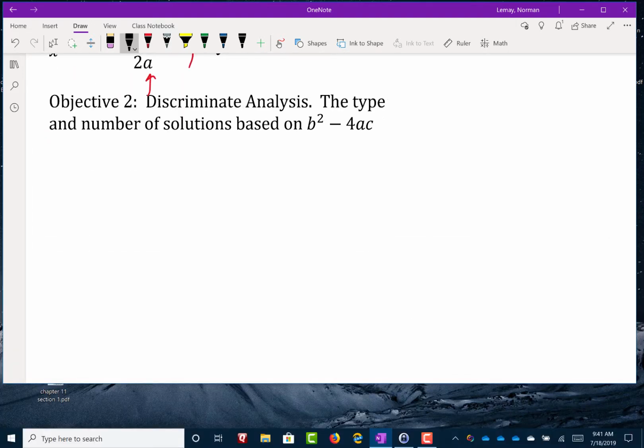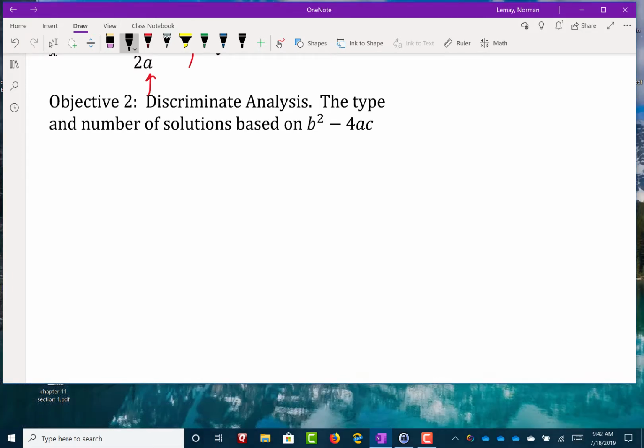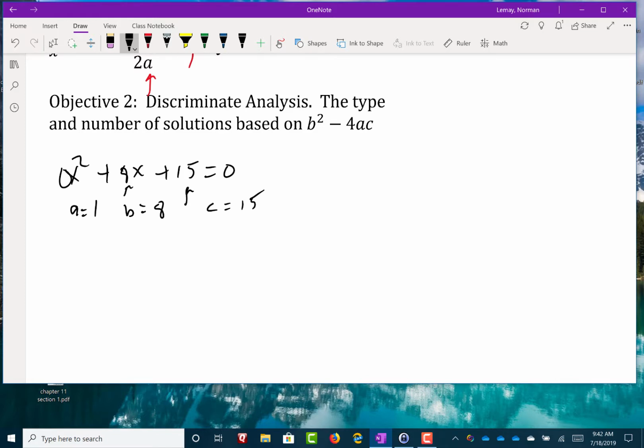Take a look at x squared plus 8x plus 15 equals 0. So note in this case, a is equal to 1, b is equal to 8, and c is equal to 15.